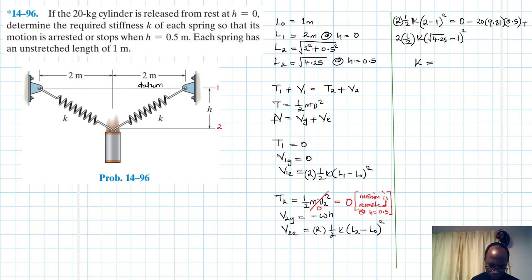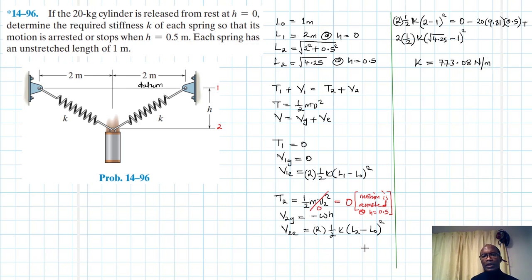Right, so K here is 773.08 newtons per meter.